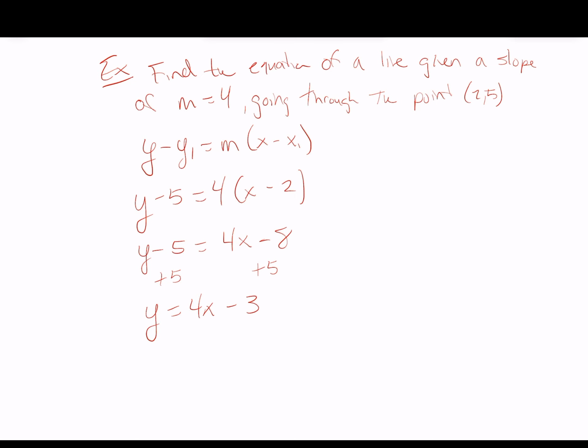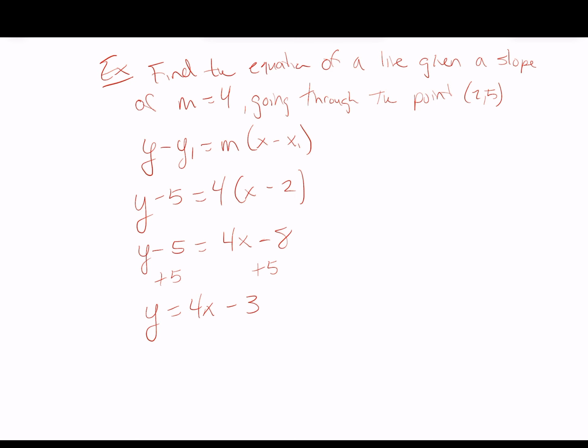This tells us our slope, which is 4, and our y-intercept, which is negative 3. We were able to put this into slope-intercept form, which is the most easy for us to read the slope and the intercept, which is why it's called the slope-intercept form.